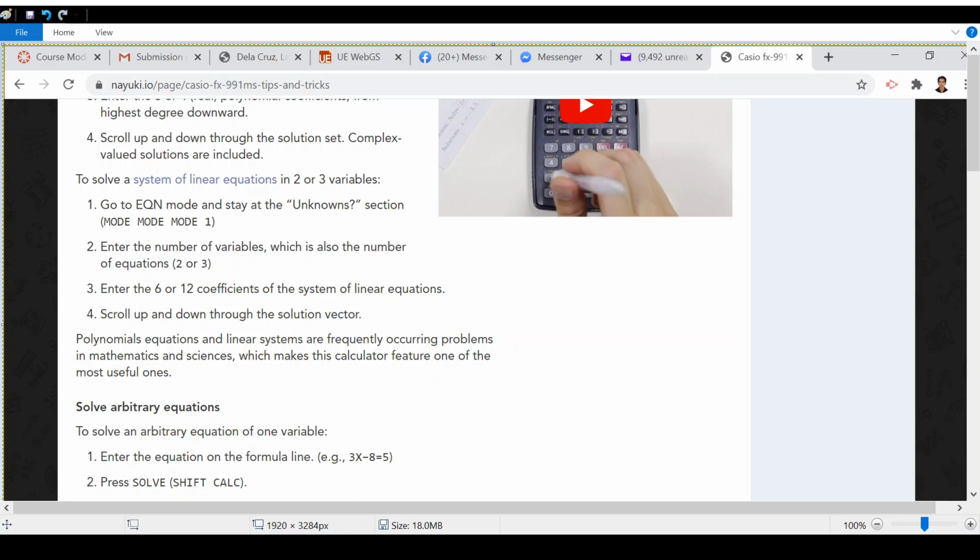This is for Casio, the model series FX-991MS. I'm not sure if this is also the same procedure in other models.